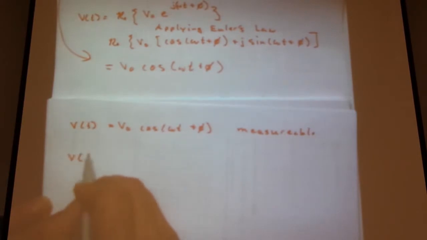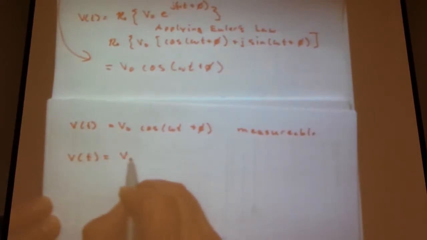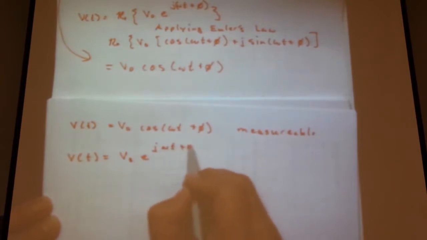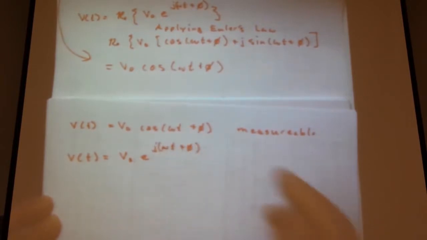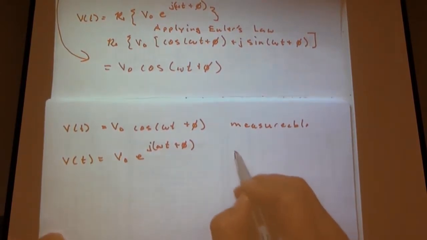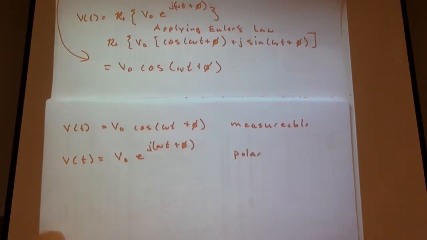Or we can write v of t equals v naught e to the j omega t plus v. And that's polar form. And these are equivalent. These all have to be equivalent.